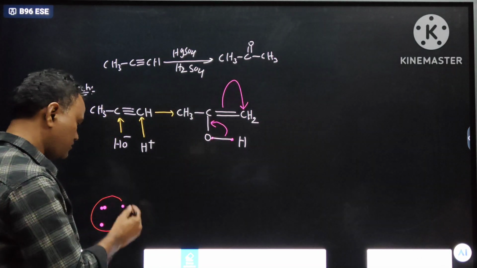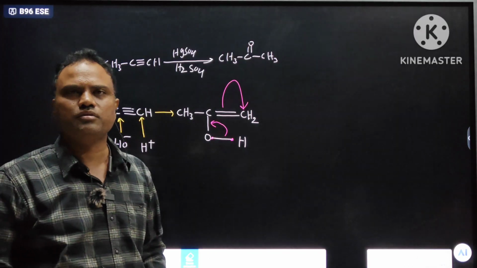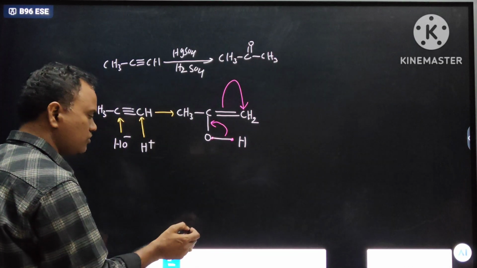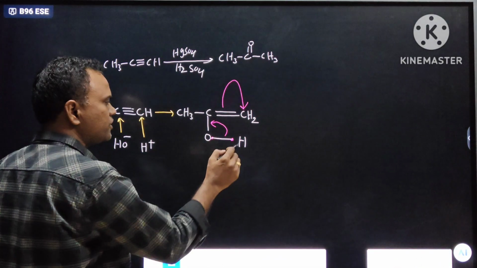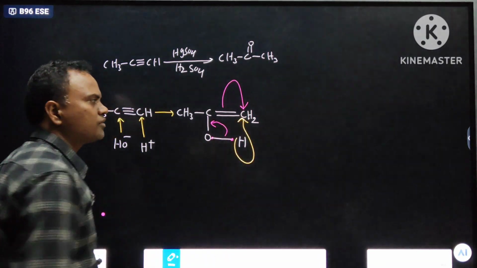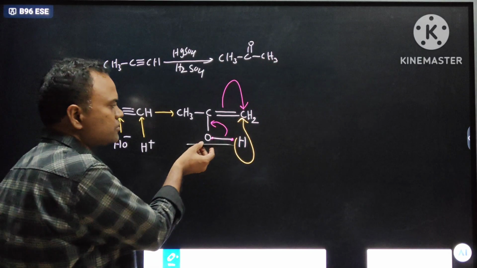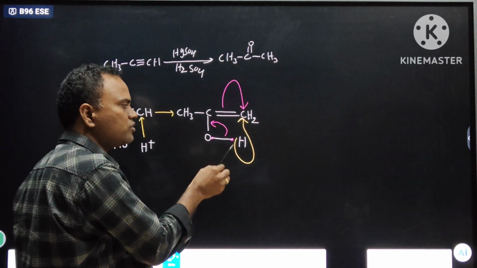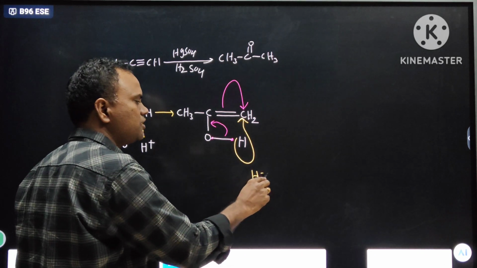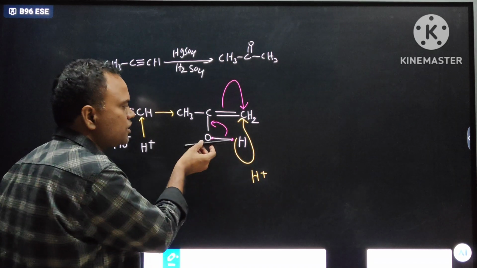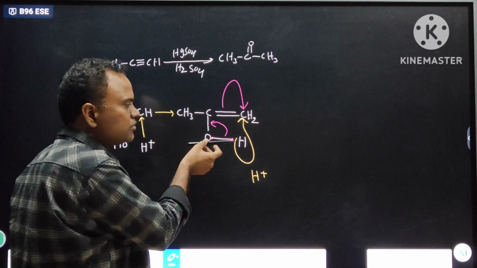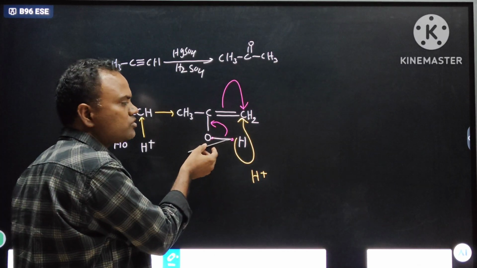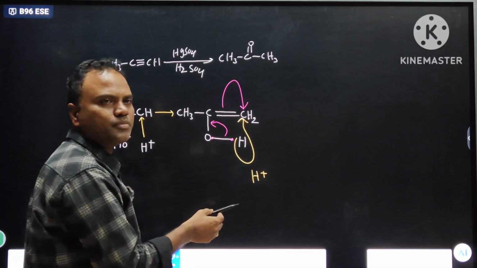So this hydrogen will shift towards that carbon which is going to get a negative charge. Hydrogen is losing its bond, that's why hydrogen will come out as H+, because it is giving its electron to carbon. This electron belongs to hydrogen, that is going towards carbon. Hydrogen is losing its electron, so it will be released as H+.